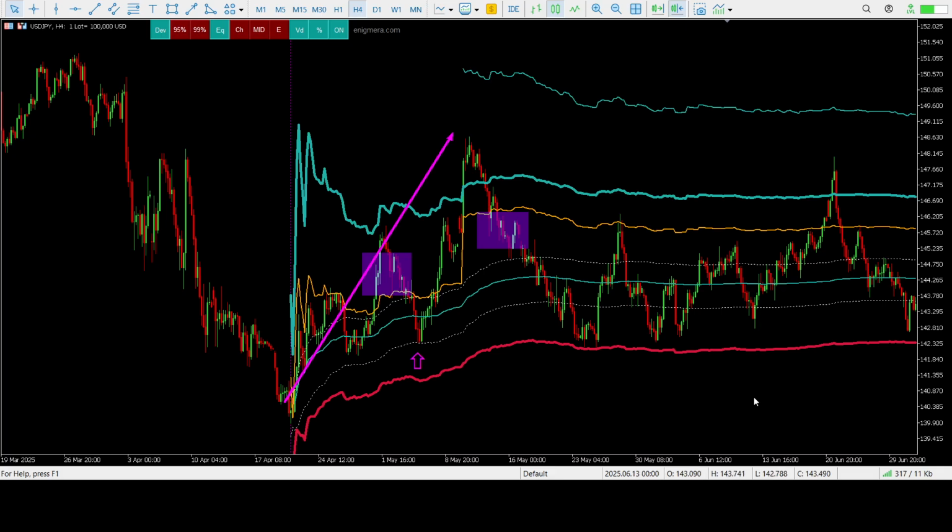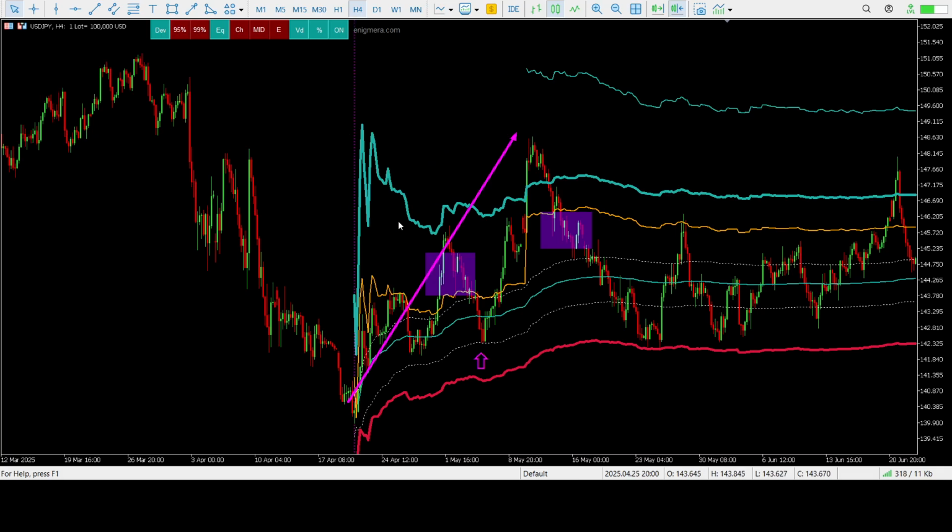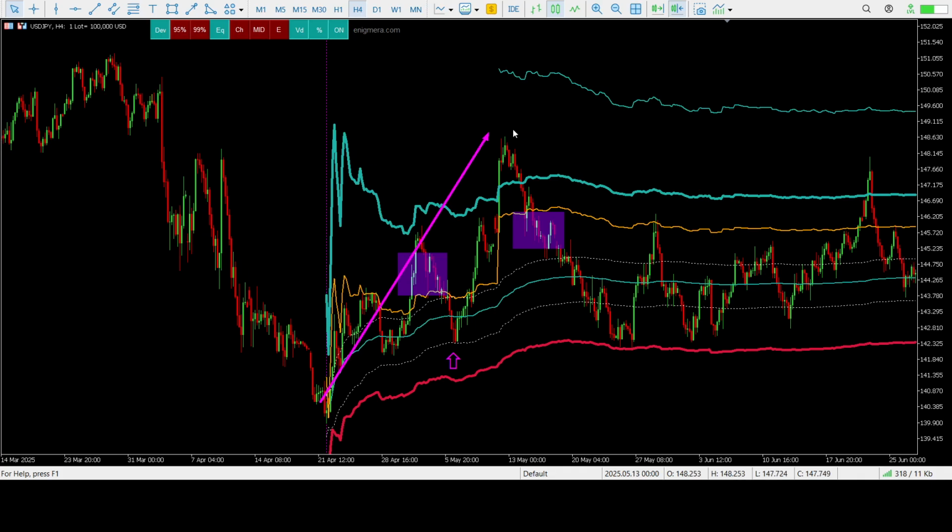Why is the first condition, to reach the exhaustion line, a must? This is simple and logical. For our movement from the bottom to here, we got some volume inside.